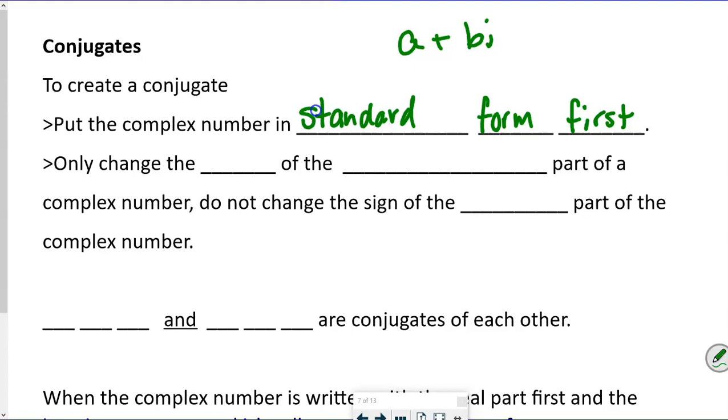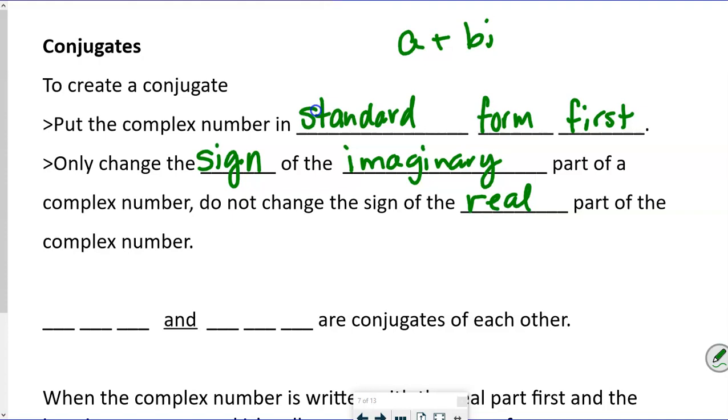To create the conjugate, we're only going to change the sign of the imaginary part of the complex number. We're not going to change the sign of the real part of the complex number, okay?